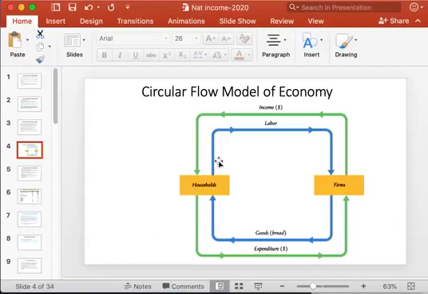So that is why GDP would be either the total of income or the total of expenditure, because the money flows in a circular fashion like this in an economy.